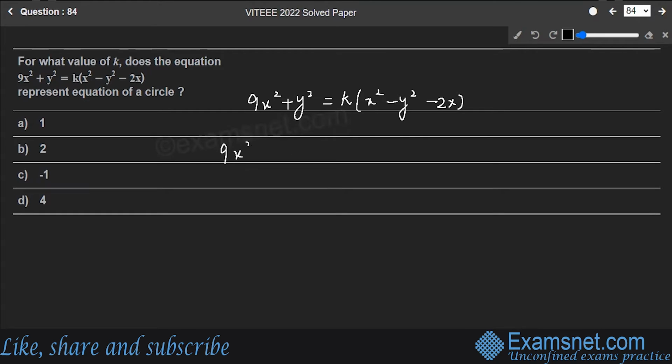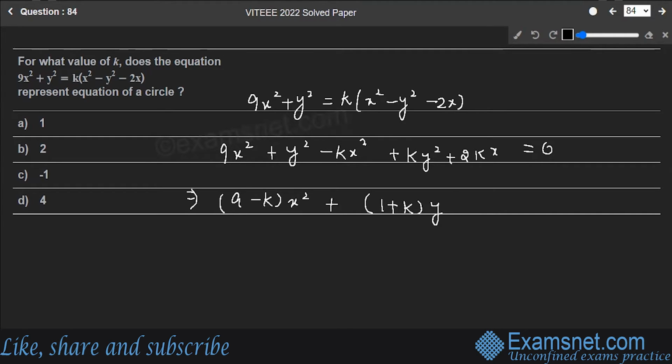This can be written as 9x square plus y square minus kx square plus ky square plus 2kx is equal to 0. I'll segregate the x square terms, so you have (9 minus k)x square plus (1 plus k)y square plus 2kx is equal to 0.